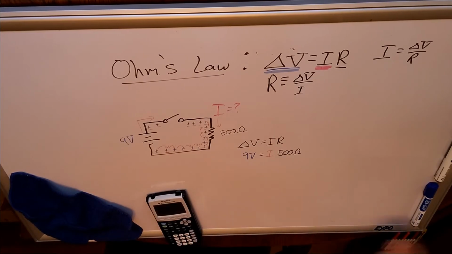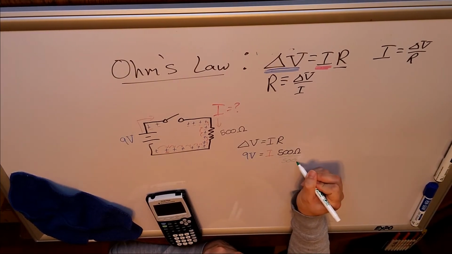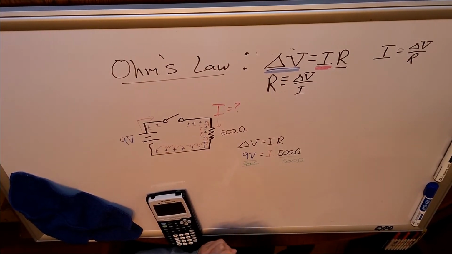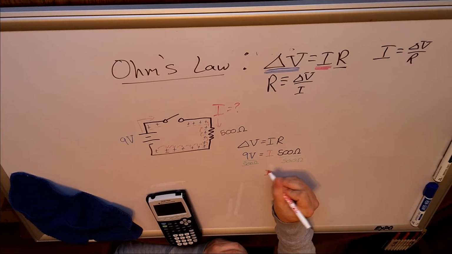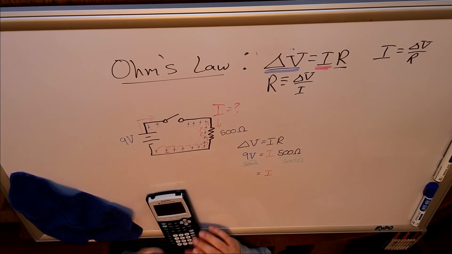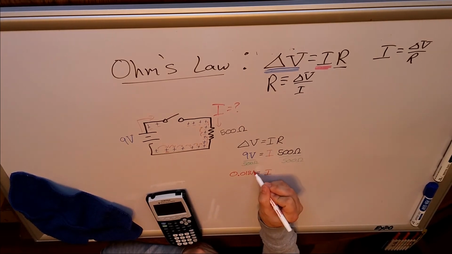I'm going to divide both sides by 500 ohms. That's going to cancel those out. I'll do the same thing here because I've got to do the same thing to both sides. And I will get that our current is equal to 9 volts divided by 500 ohms, which is 0.018 amps.